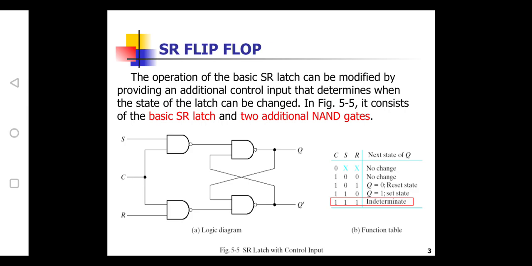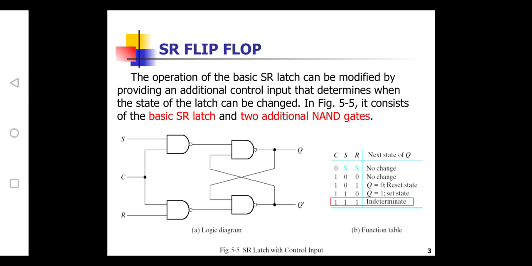That itself represents that when S is 0 and R is 1, whatever the previous value may be, the output will be 0, which is called the reset state. Here S represents set and R represents reset. When R is 1 and S is 0, such a state is called the reset state, making the corresponding output equivalent to 0.